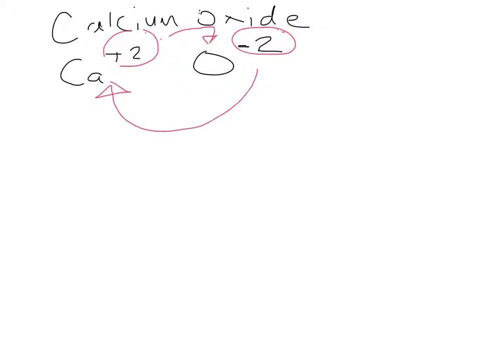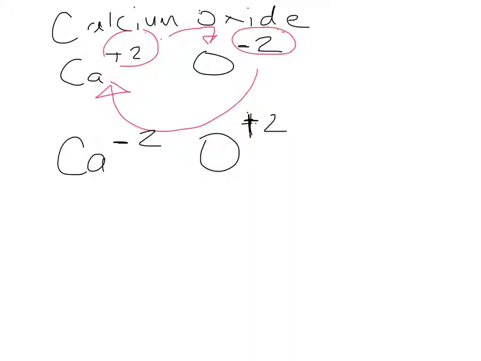Alright, so what we're going to have now will be calcium. It's going to have a -2 now because it's switched. And O is going to have a +2. Then we're literally going to drop it down below, and we're also going to drop the charge, so 2 drops at one time.